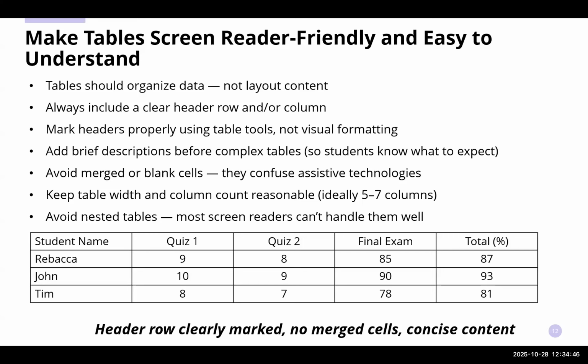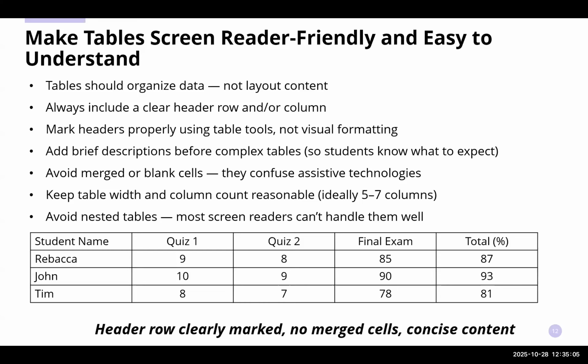Another common mistake is thinking bold text or larger font is enough to indicate table headers or column headers, which is definitely not true. You should always use the built-in table tools to mark header rows and columns.